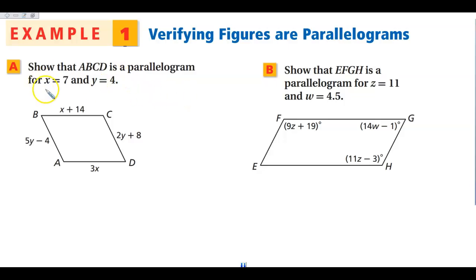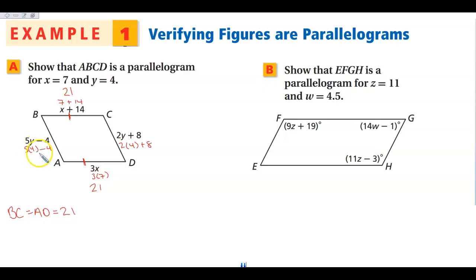All right. So we want to show that if x is 7 and y is 4, then we have a parallelogram. So I'm going to plug a 7 in for where I see an x. Okay, 7 plus 14 is 21. 3 times 7 is 21. So these sides are congruent. Okay, so I know that BC equals AD, which is 21. All right, if y is 4, I'm going to do 5 times 4 minus 4, and 2 times 4 plus 8. Okay.